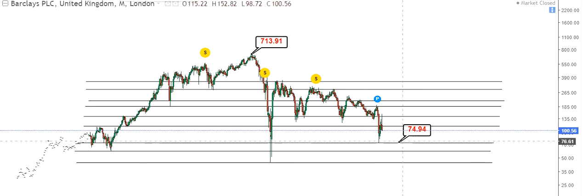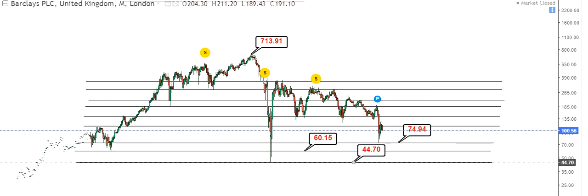The first support level is at around 74.94, then 60, and finally 44. So 44 was the low which the stock made in the financial crisis of 2009.